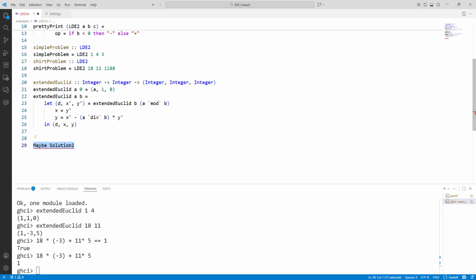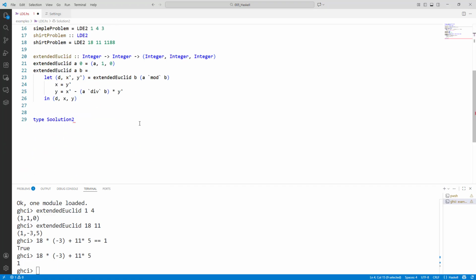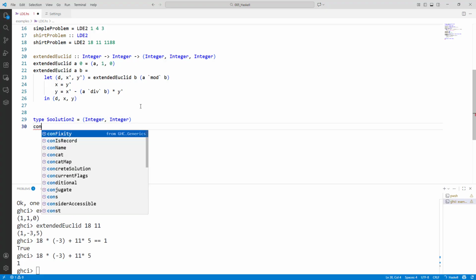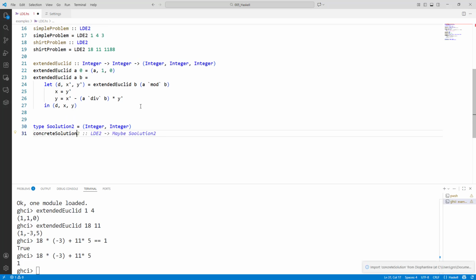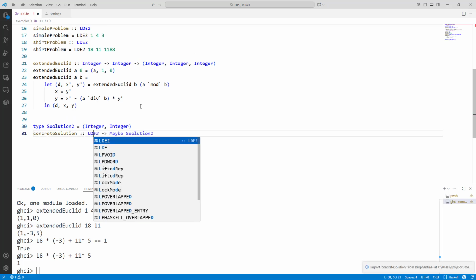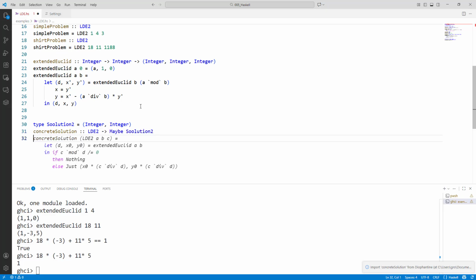So it would be of type Solution2, and Solution2 is this one. So type Solution2 would be Integer, Integer. Exactly, and our concrete solution would be of type LDE2, and it'd be Maybe Solution2.